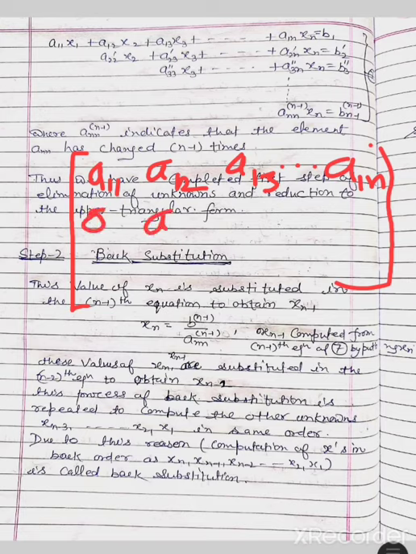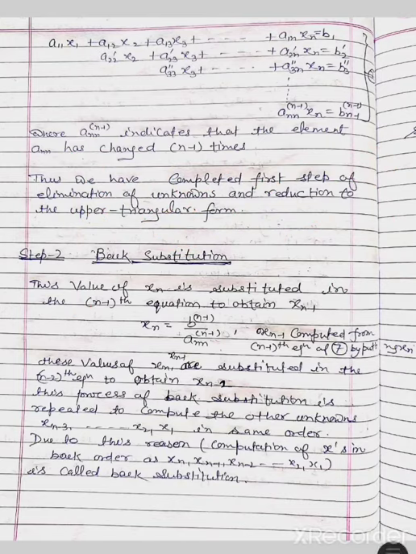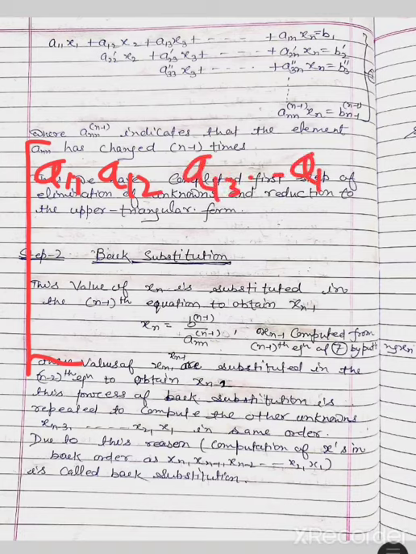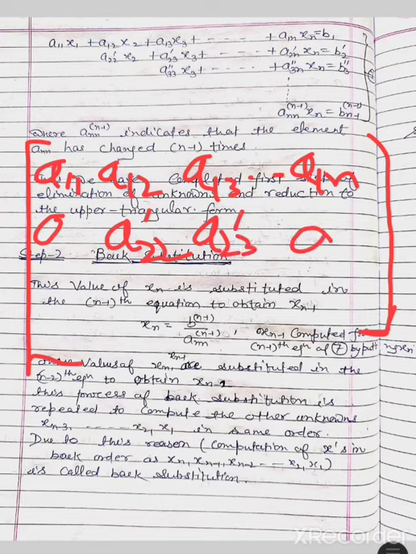Then 0, a22 prime, a23 prime up to a2n prime.